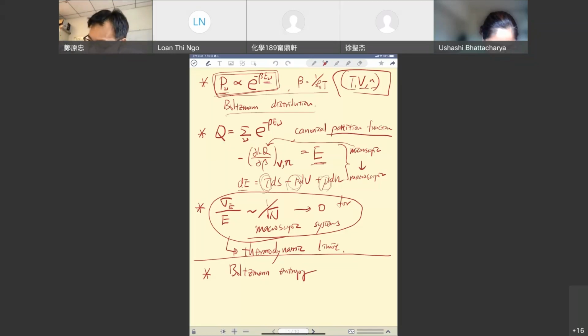So in Boltzmann's proposal, entropy is determined by the natural log of the number of microstates in this ensemble. Okay, so this Boltzmann entropy requires energy fixed, volume fixed, the E V N ensemble.